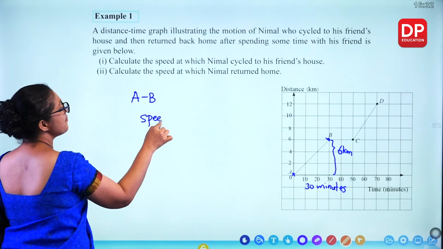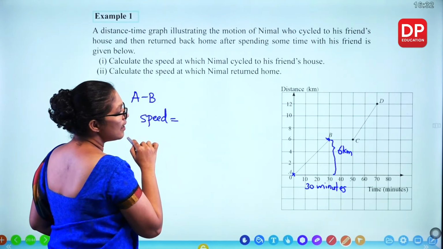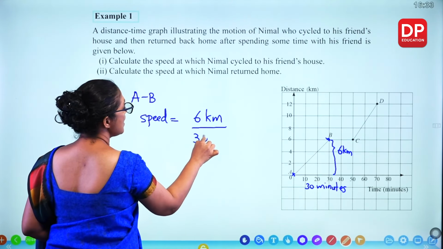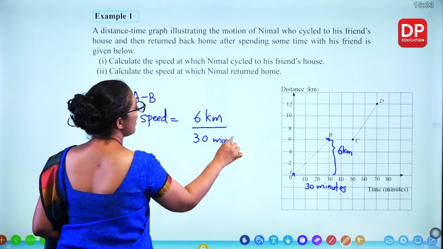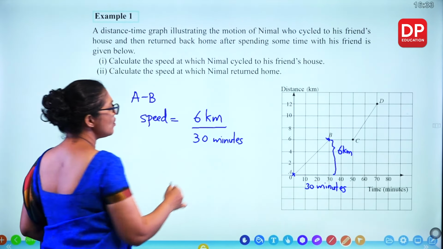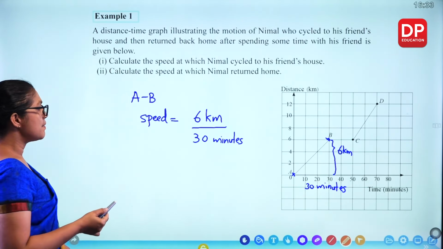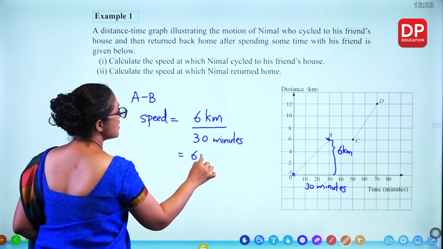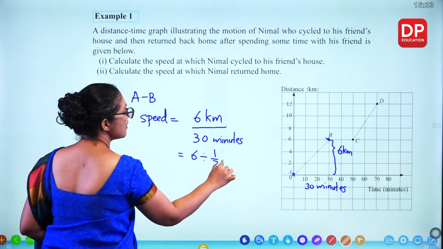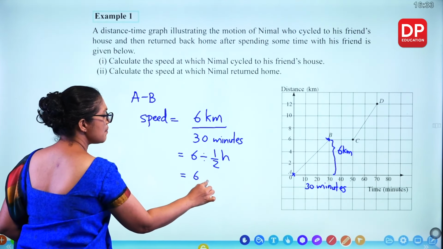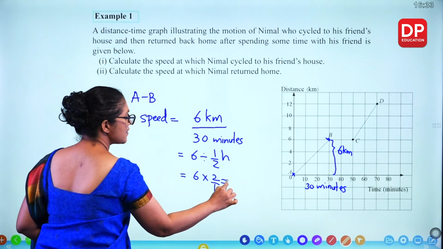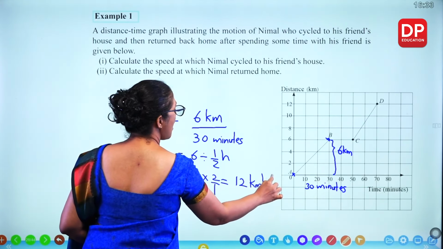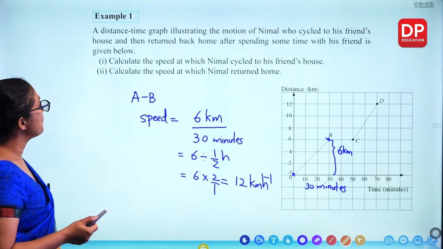Speed A to B is 6 kilometers per 30 minutes. I'll convert this 30 to hours. What does 30 minutes mean? Half an hour. So I can write 6 divided by half an hour. So 6 multiplied by 2 over 1, that's the reciprocal. You get 12 kilometers per hour for A to B.